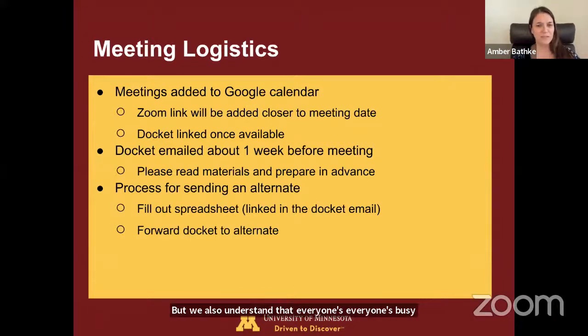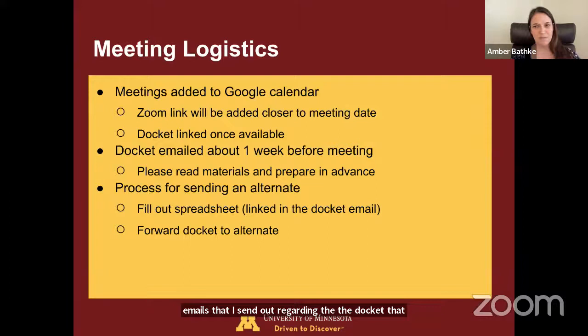And then just quickly, the process for sending an alternate. If you can't attend one of the meetings, you can send an alternate in your place and they will be able to access the Zoom link and vote and everything like that. The process we use is that there is a document linked from the emails that I send out regarding the docket.